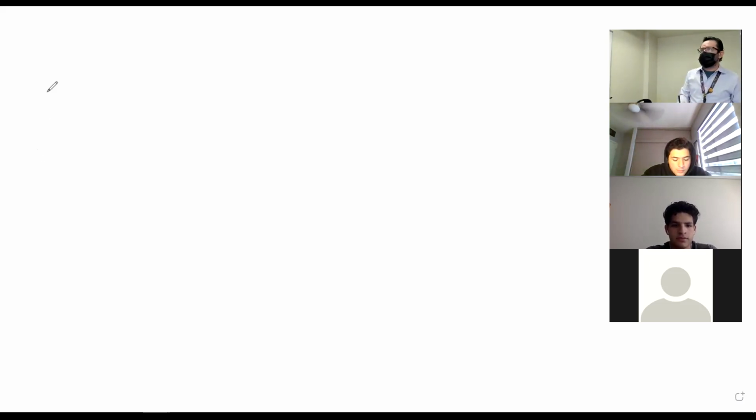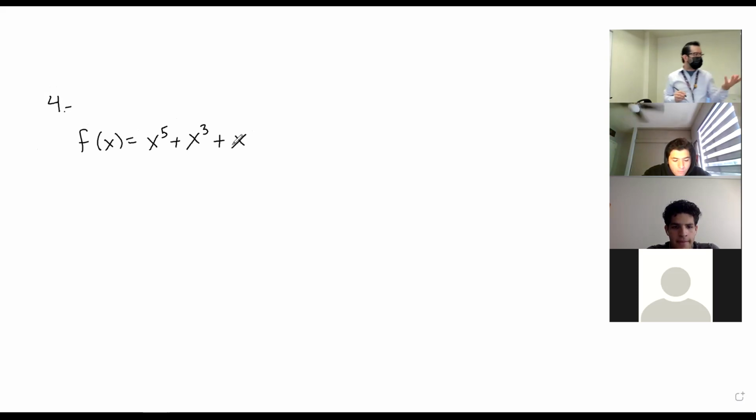This is problem number 4. And okay, again, I'm sorry. f of x equals x to the power of 5 plus x to the power of 3 plus x. Okay. That's the function. Now, we need to find out if it's even or odd.